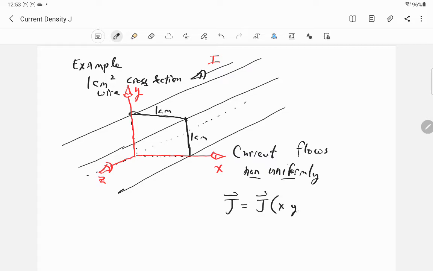So instead of it being a function of x, y, and z, I'm going to just say that the only thing I need to tell you about is its variation in the y direction. So it's the up-down direction in the diagram. And I'm going to say that the value of J as a function of y, it's sort of strange, but you'll see the units will end up working out.